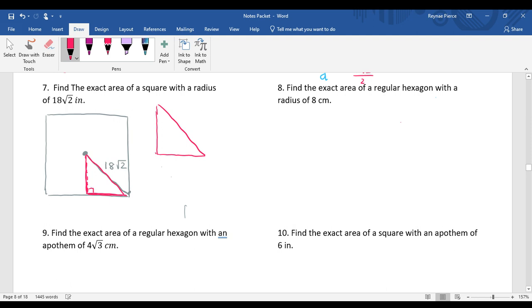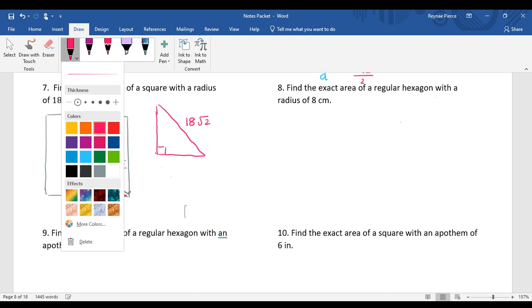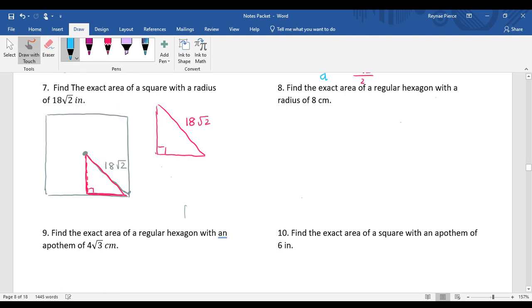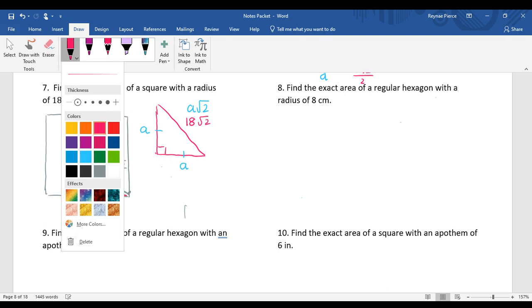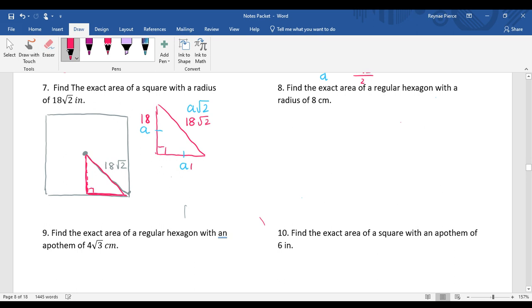Squares, you will always be using a 45, 45, 90. If my radius here is 18 radical 2, that is my hypotenuse of my 45, 45 triangle, which means both of my legs are going to be 18. Now, why is that helpful? Well, I know my apothem is 18.